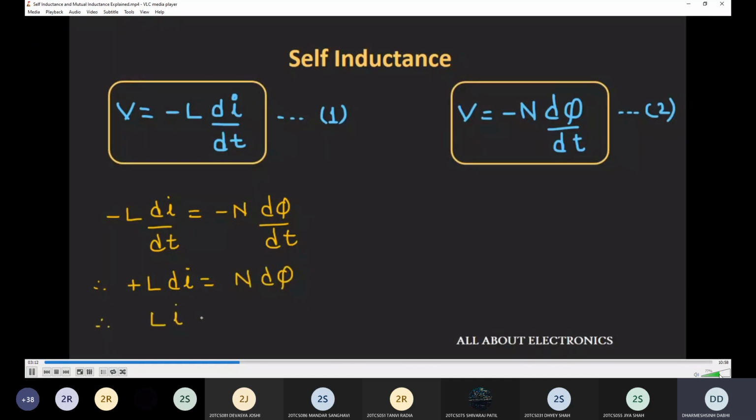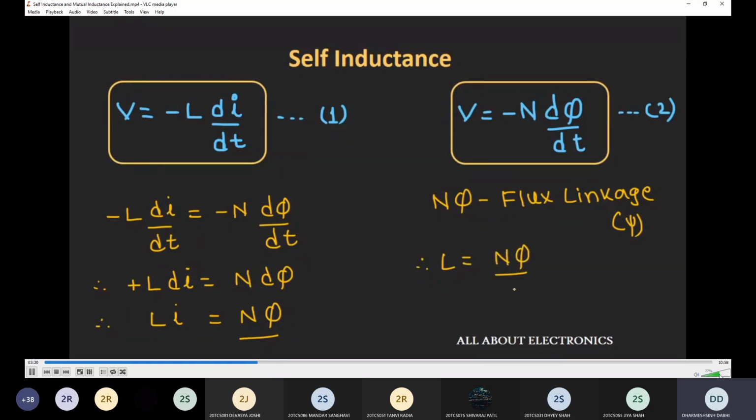That means L into I equals N into phi. Here N phi is also known as the flux linkage, or magnetic flux linkage, and sometimes it is denoted by the symbol psi. So we can write L equals N phi divided by I, or psi divided by I. This is the expression for inductance in terms of magnetic flux and current.